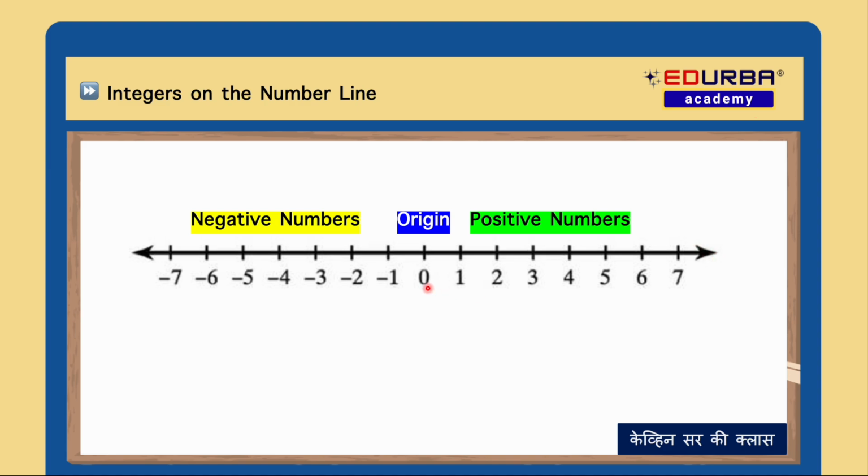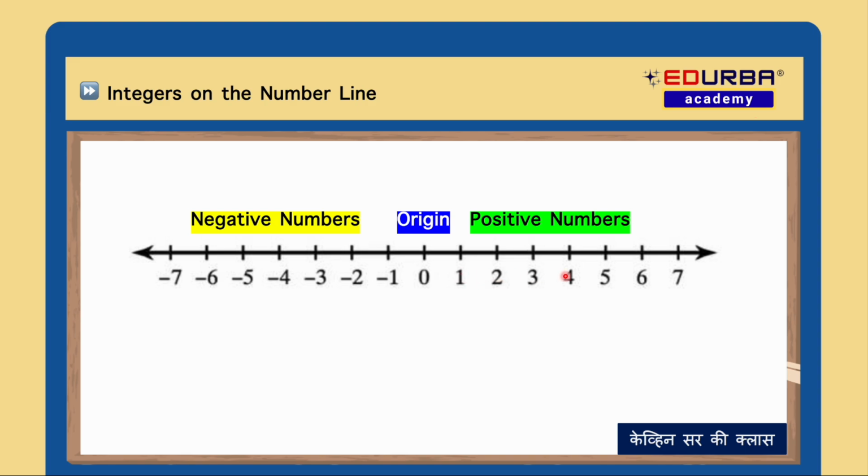Same way, we have negative numbers on the left side of origin, and they are -1, -2, -3, and so on until infinity. And that's why we have arrow on the left side as well. Now, did you notice that any number on the right side is always greater than the number on the left side?